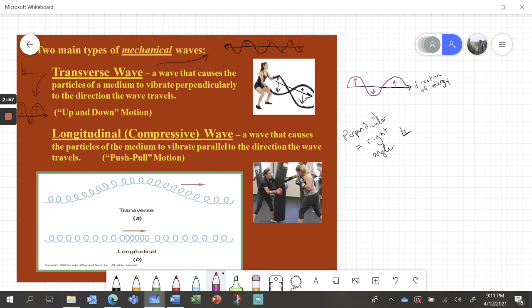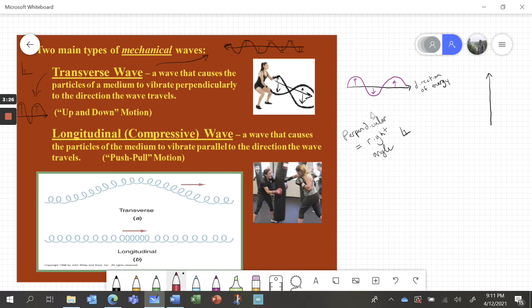The same thing would happen, for example, if you had a rope hanging off something and you wanted to send energy up the rope, and so you gave it a wiggle like this lady is doing here. The same thing would happen because the energy is traveling up.